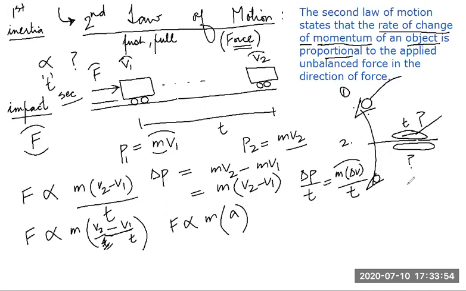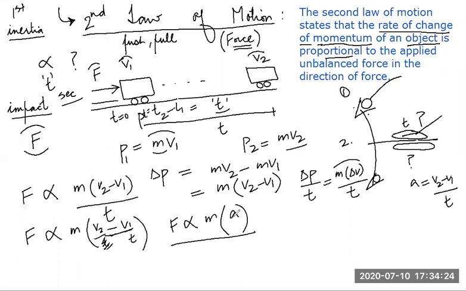The definition of acceleration is change in velocity divided by time interval. Time interval is t. We have taken the initial time as 0. So the time interval, delta t, is equal to t2 minus t1, where the final time t2 is t and the initial time is 0. So the time interval is t. So it says force is proportional to mass into acceleration.